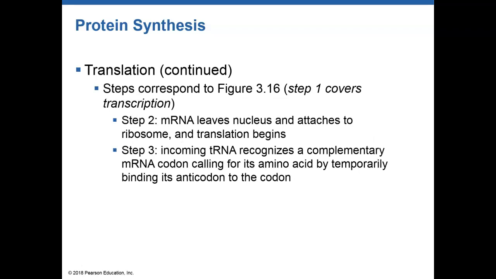So we're going to look at the steps of translation. If you look at figure 3.16, you're going to see step 2 and step 3, where the mRNA leaves the nucleus, and then tRNA brings with it amino acids that are producing that specific protein.